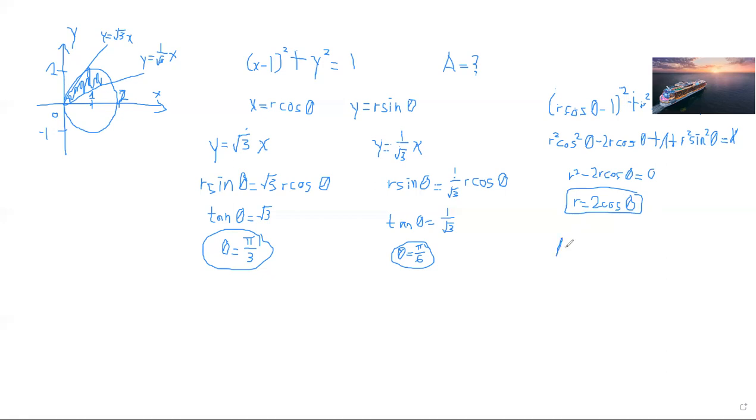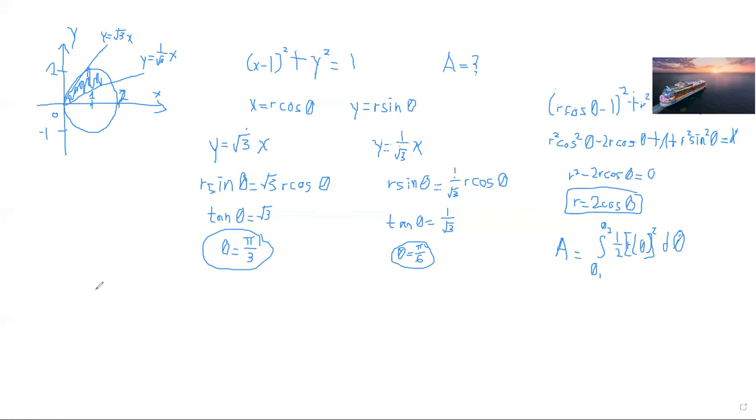The formula is A for area is equal to the integral from theta 1 to theta 2 of 1 over 2 times r of theta squared, the entire function squared, not just theta itself, d theta.